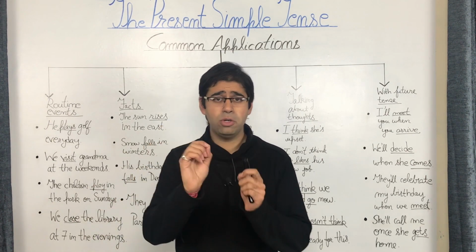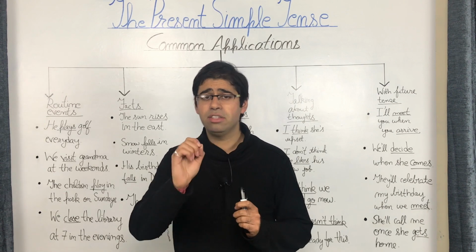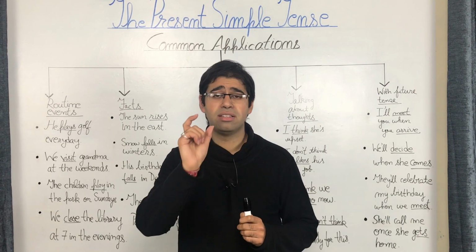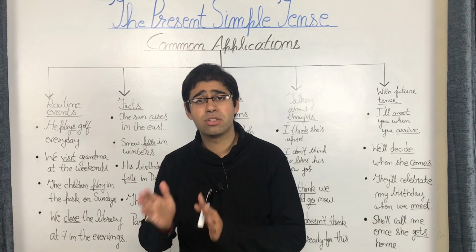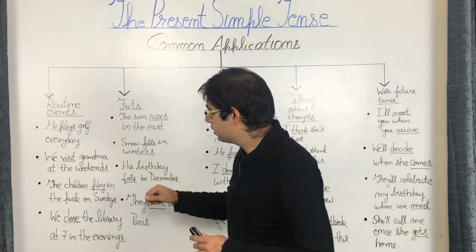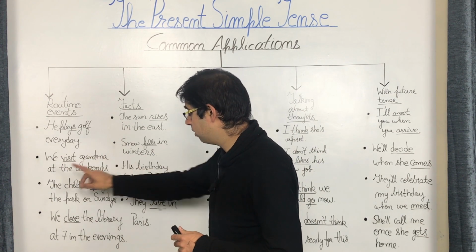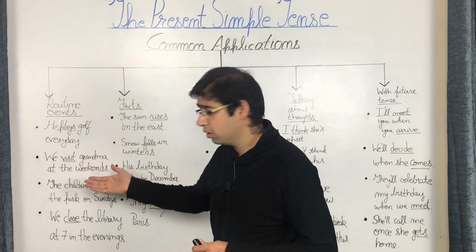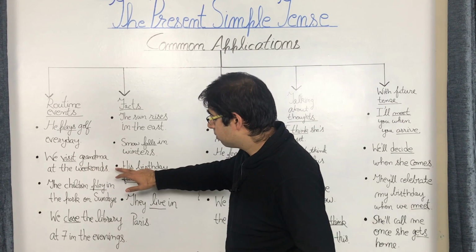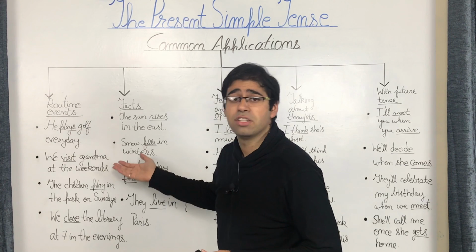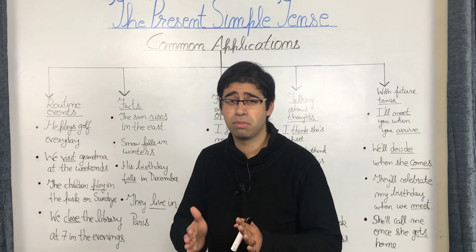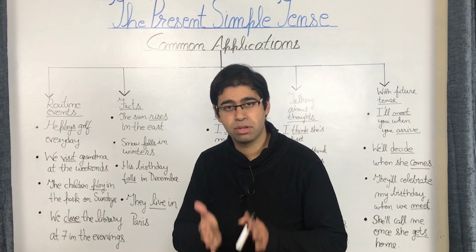So, if you have a routine sentence in the present continuous, you will definitely have a time marker in the sentence to illustrate that although it's a routine, eventually it's going to cease. For example, once again that sentence, we visit grandma at the weekends, changes into continuous as we are visiting grandma at the weekends. You will have something following weekends, such as this month. So it is a routine, albeit only for this month, not beyond that, a temporary routine.